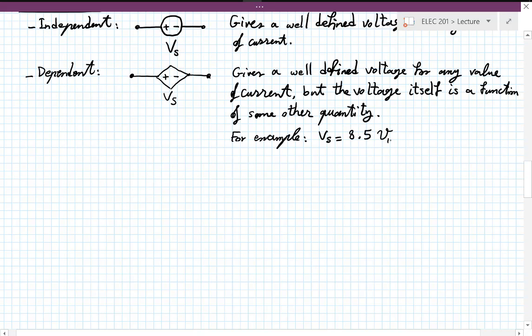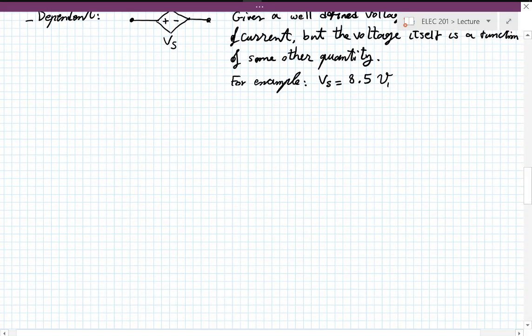And V1 would be the voltage across element 1 in your circuit. See? So in this case, Vs is just a multiple, 8.5 times V1, and V1 would be the voltage of element 1 in a given circuit. Okay?